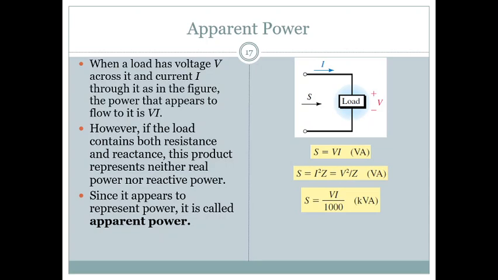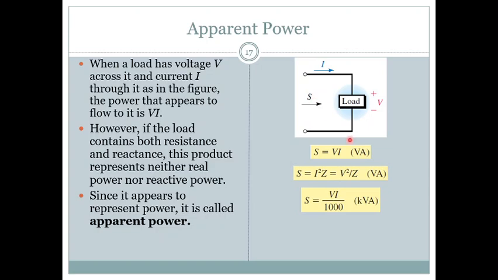Now you know the voltage and the current. Just multiply those two. That is actually what we see as going into the device, which is the apparent power. Apparent means appear: you see that amount of power going into the device without knowing whether part of it is reactive power or real power.